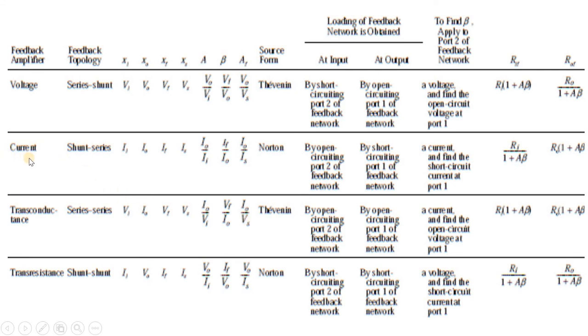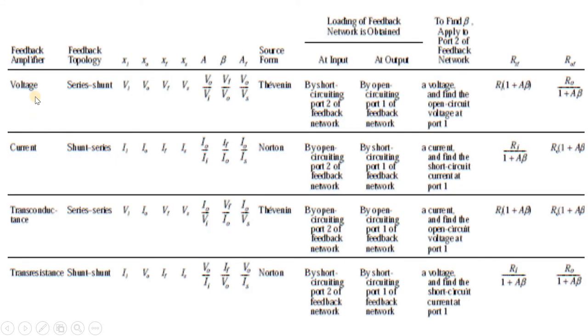Similarly, there is a detailed explanation of the current amplifier as well as the trans resistance amplifier. For all these feedback amplifiers, you are going to calculate the input resistance, the output resistance, the gain, and the input and output quantities, whether voltage or current. If you remember this table, it will be much easier to remember the 4 different classifications of feedback amplifiers.